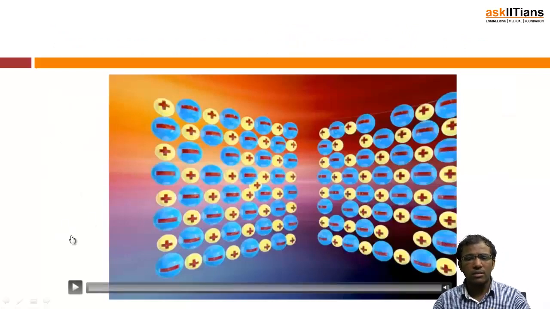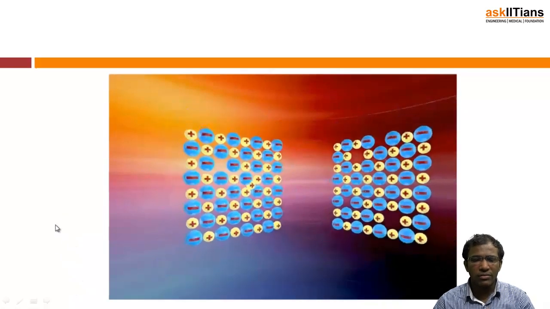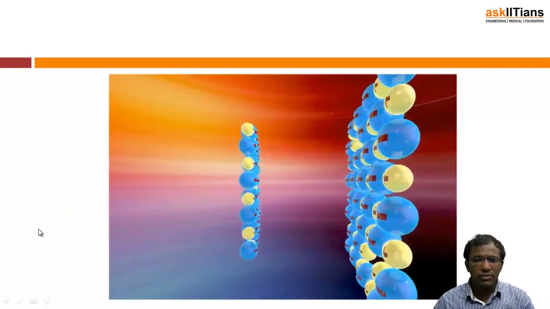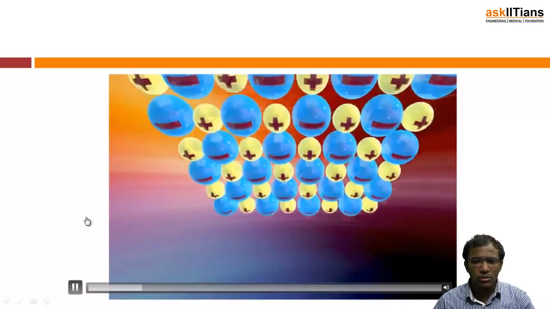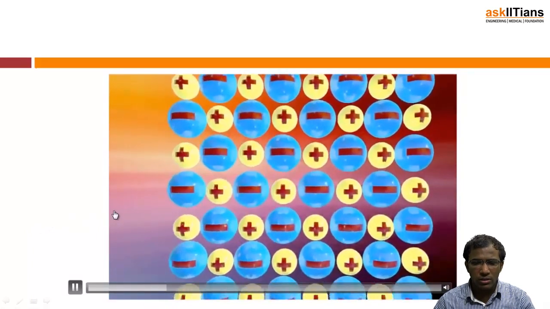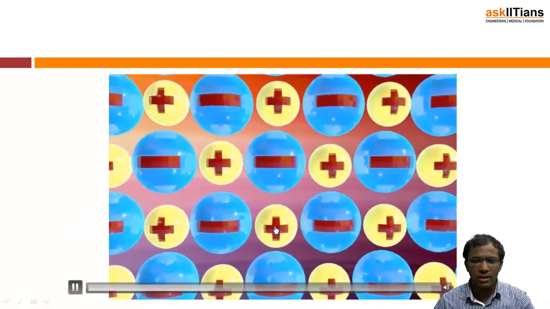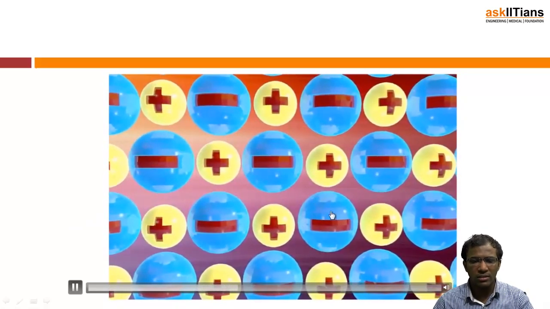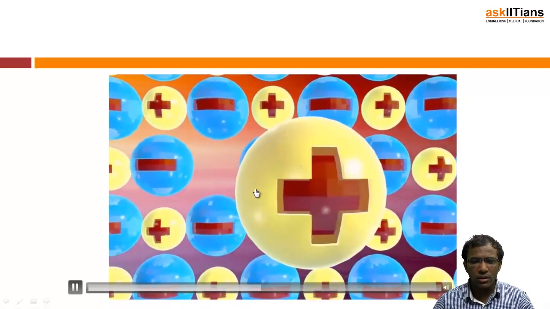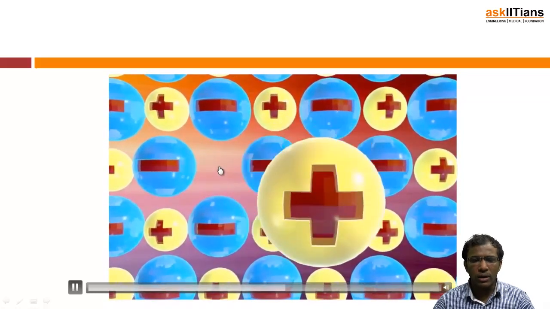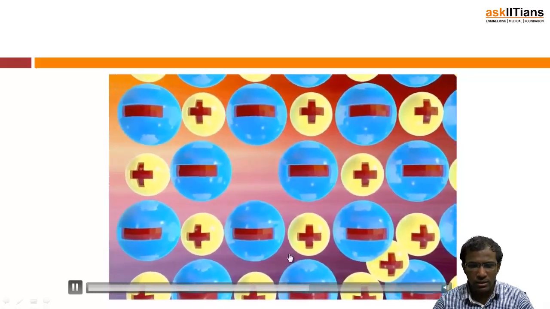So let's understand this defect with a video demonstration. So this is Frenkel defect. Frenkel defect is generally shown by ionic compounds in which there is a large difference in the size of cation and anion. You can see the cation is smaller and anion is bigger in size. So here the cation is missing from its own lattice site and it is occupying this site.